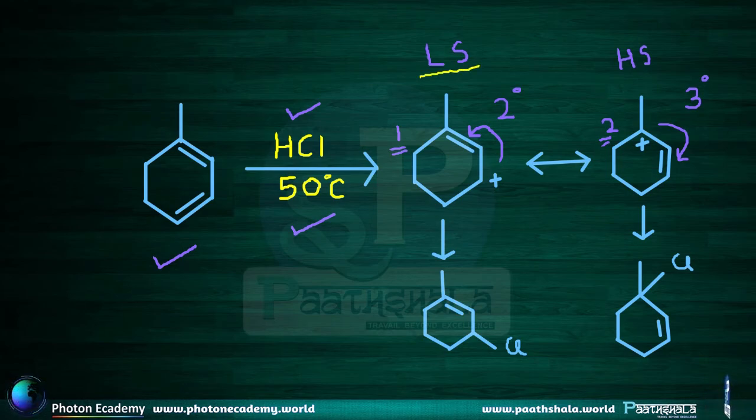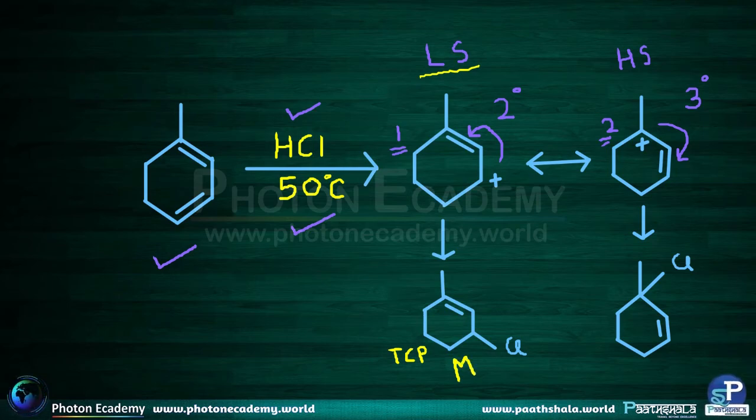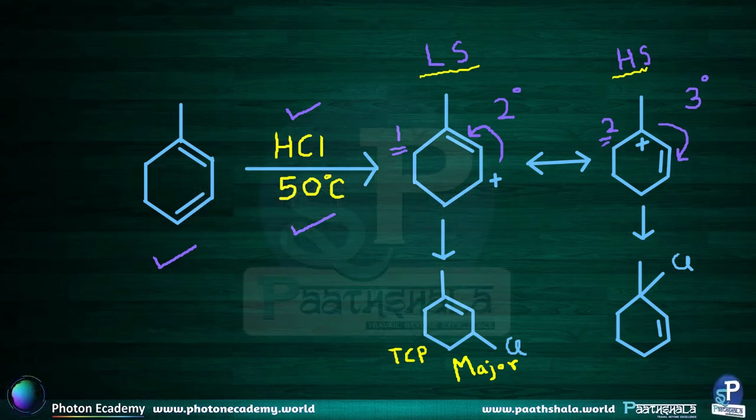Thus here my thermodynamically controlled product is going to be formed as a major product, and the product involving the higher stability intermediate is going to be a KCP, which at a higher reaction temperature is going to be only a minor product.